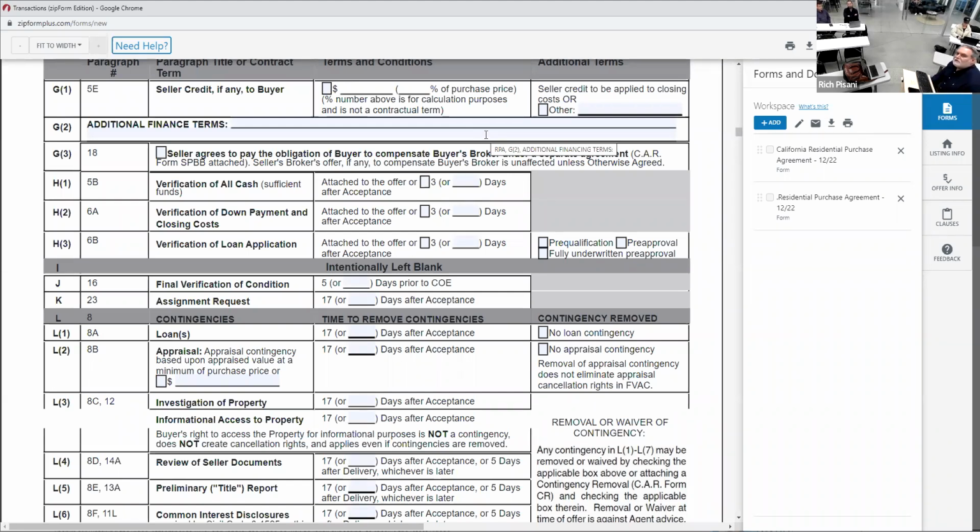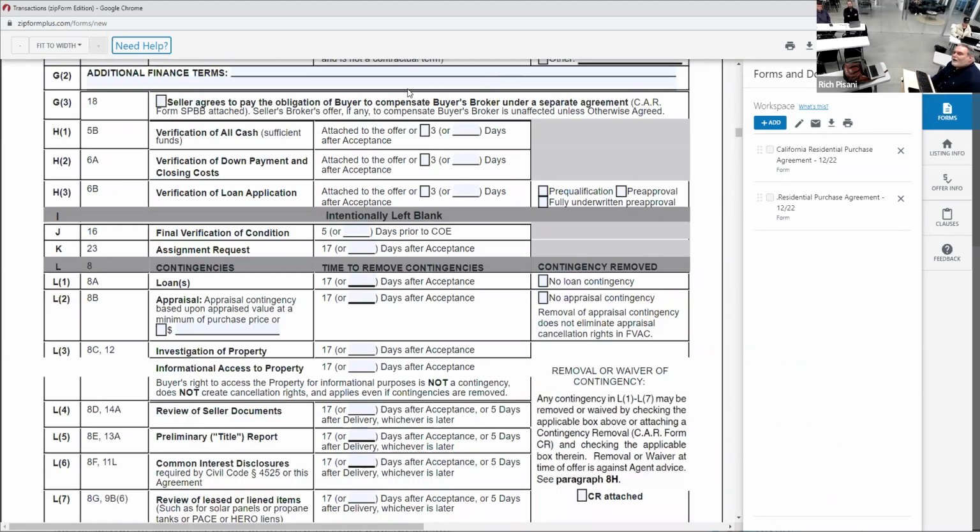All right, so verification of all cash. Most listing agents aren't going to look at an offer that doesn't have the verification attached. I mean, that's just the way it is. But there is a place to say 3 days after acceptance, same as verification of down payment and closing costs, verification of loan application.